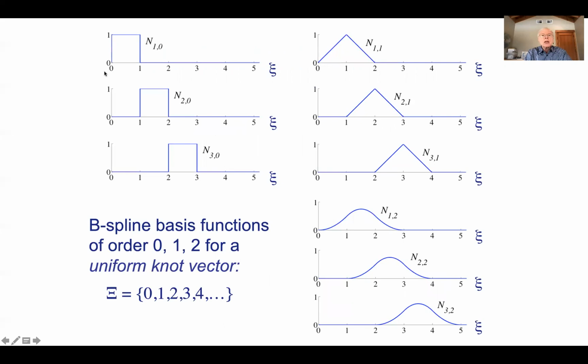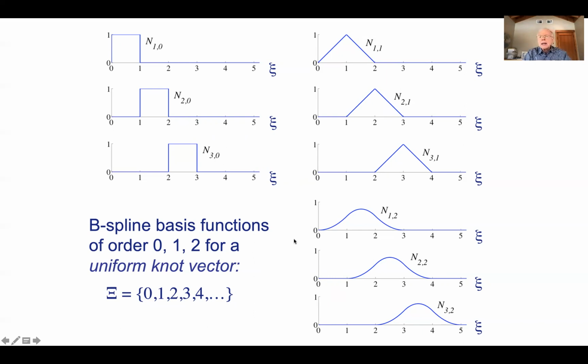And if you start with any uniform knot vector, and you use the Cox-de Boer recursion, you will get something looking like this. These are the constants on the knot spans, then you get the linear hat functions. And then when you go to quadratics, it no longer looks like finite element technology. You get smooth basis functions that are pointwise positive, okay? They're monotone.